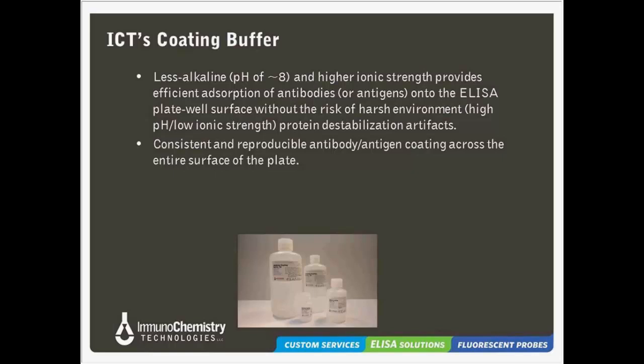We use rather more isotonic salt concentrations, so that after overnight incubation, you haven't done a real number on whatever you're putting on there, whether that be an antibody or an antigen. If you damage it because of the incubation process, then what have you really accomplished? You did a great job of sticking something to the plate, but how effective is that something after being exposed to these harsh conditions overnight? So that's the take home from there.